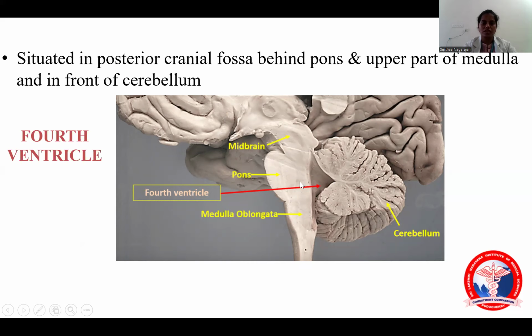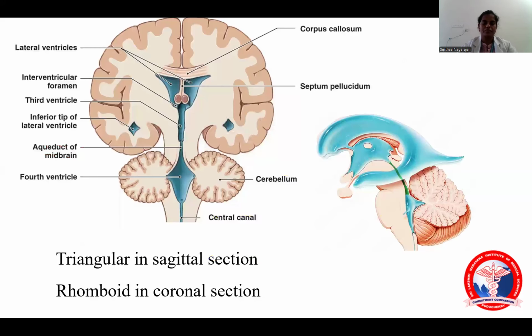Now it is triangular in sagittal section, rhomboid in coronal section. This is the coronal section, it is rhomboid, and this one is the sagittal section wherein the fourth ventricle is triangular.